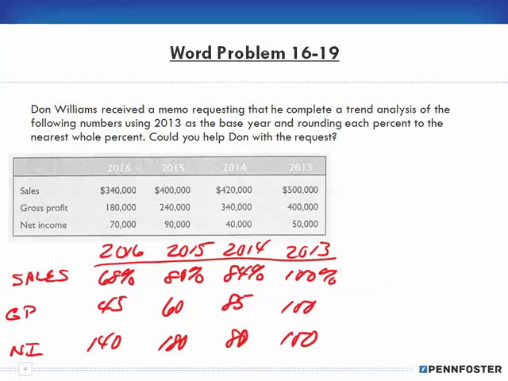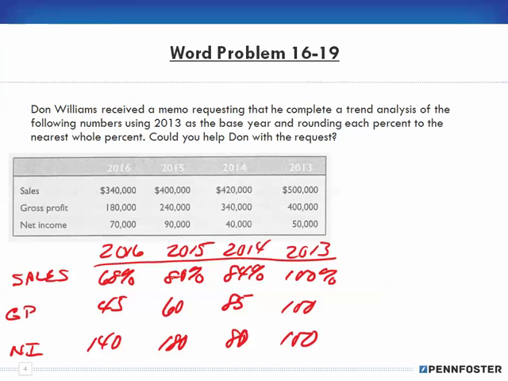Here, you translate your data into percentages. It's easier to see and think in terms of percentages. It's harder to think in terms of actual amounts. You don't see the relationships as easily, but when you convert them into percentages, it's easier to see the relationships. In other words, from 2013, notice that I've had a steady downtrend in my sales.